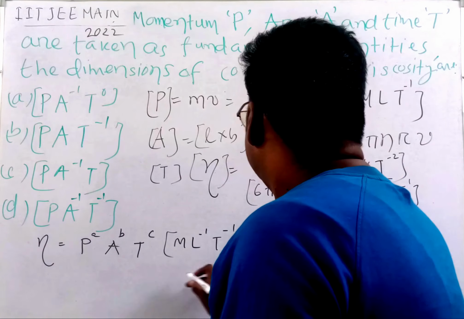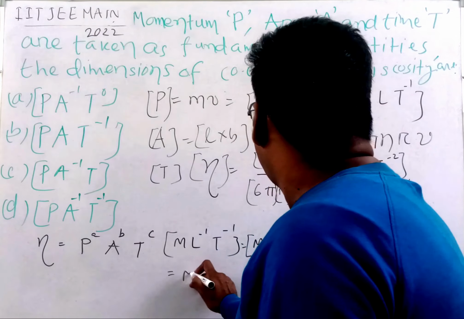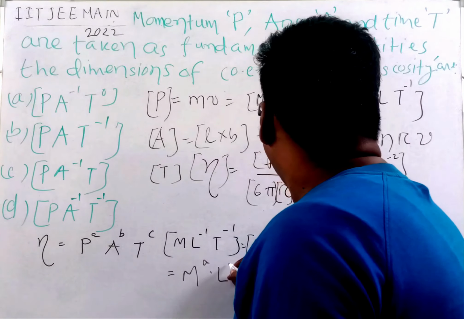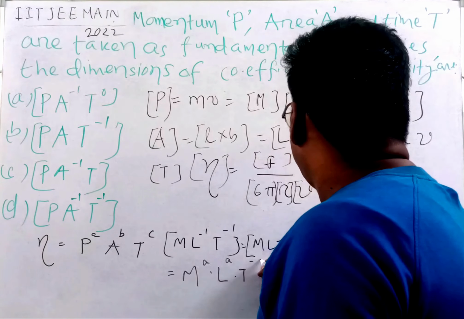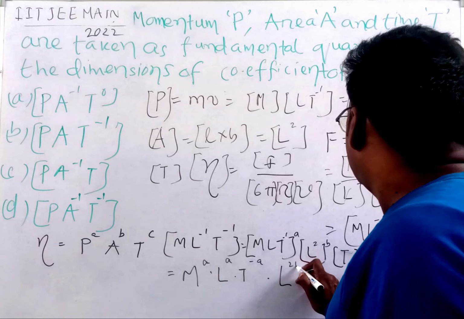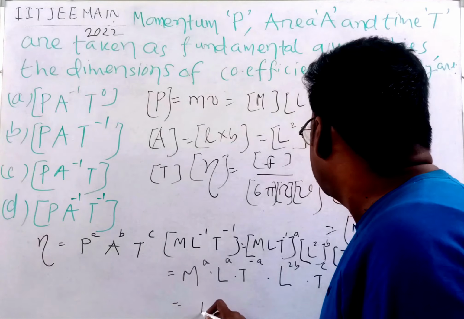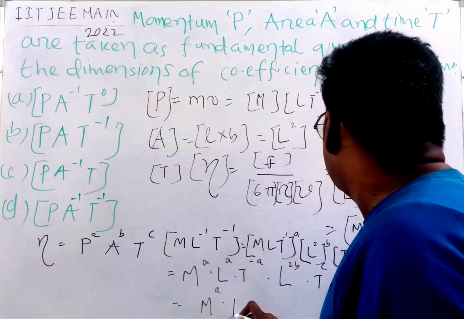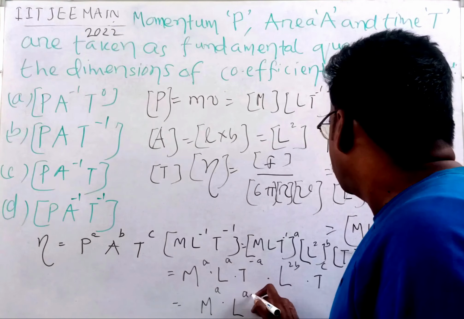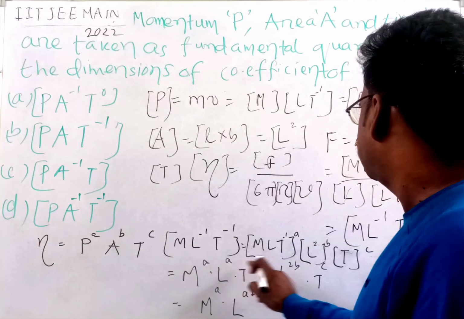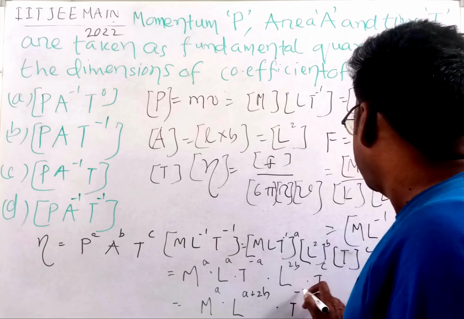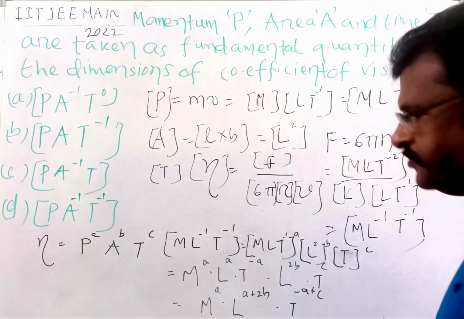So this becomes M to the power a into L to the power a into T to the power minus a into L to the power 2b into T to the power c. So this becomes M to the power a, L to the power a plus 2b, and T to the power minus a plus c.